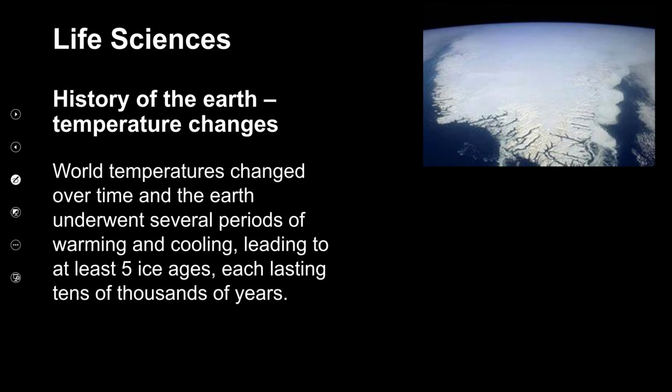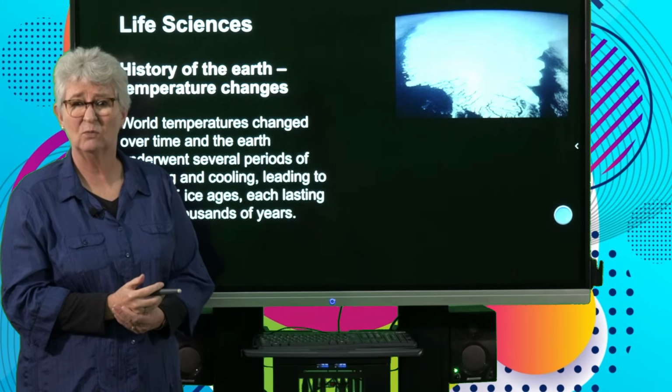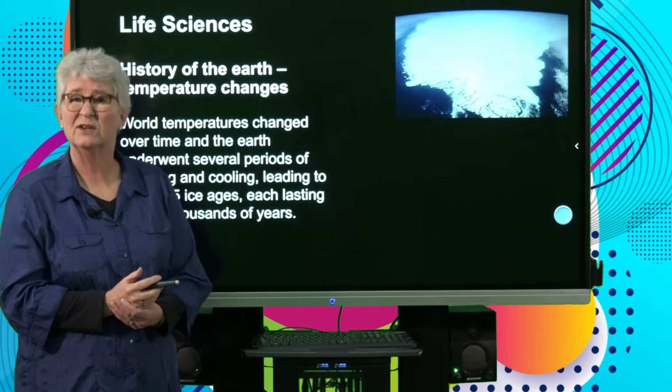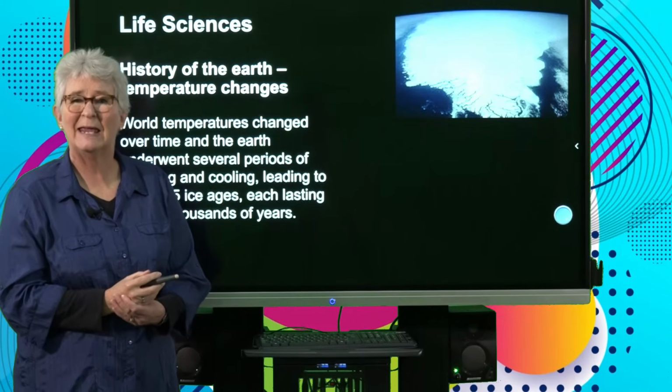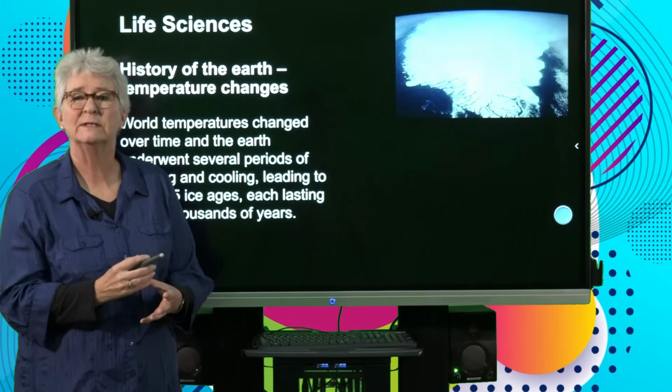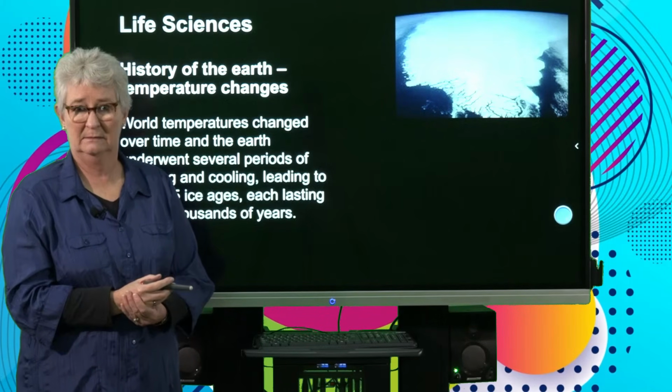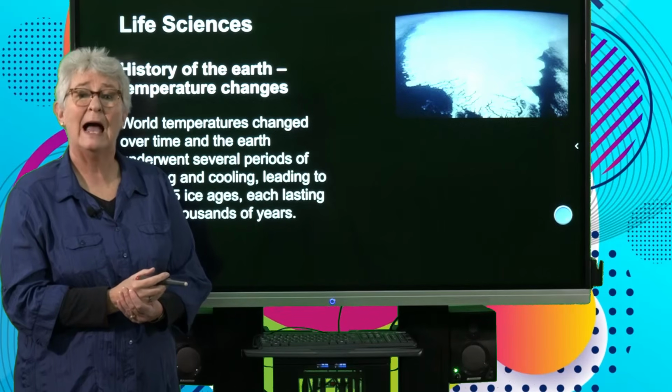Then, other things that happened is the temperature of the world changed. From the hot molten ball that it was 400 million years ago, it became a frozen wasteland. There were ice ages.